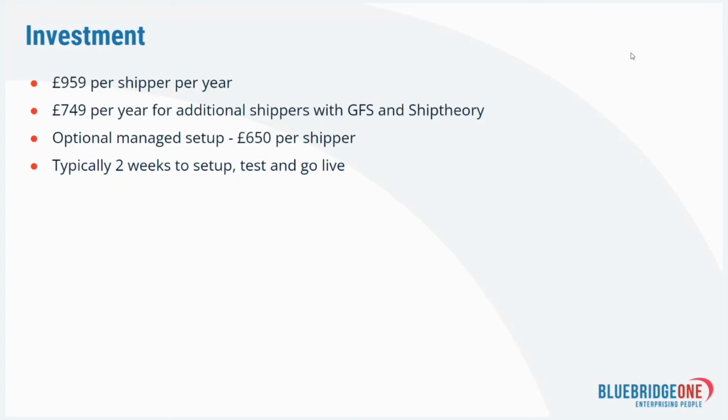So if we were using GFS for Royal Mail, Yodel and UPS, there'd be one lot of £959 and two lots of £749. We offer an optional managed setup service at a one-off cost of £650 per shipper, where we would manage the setup, installation and testing process for you.